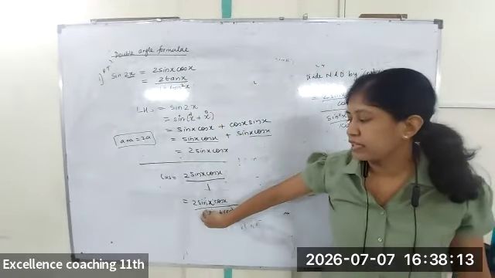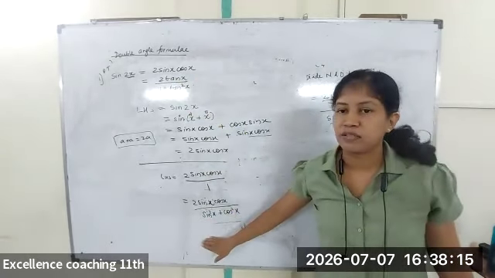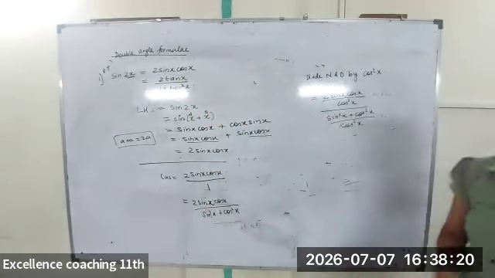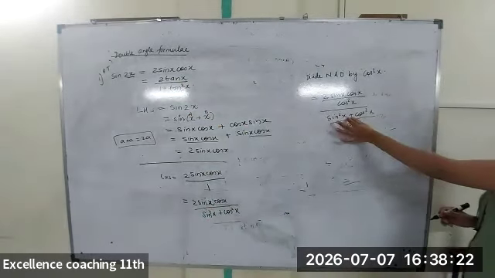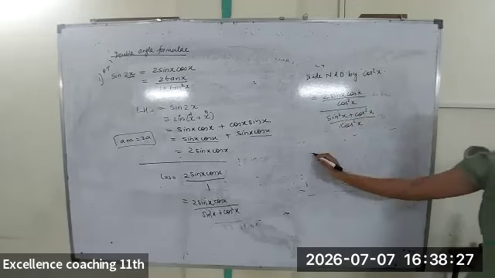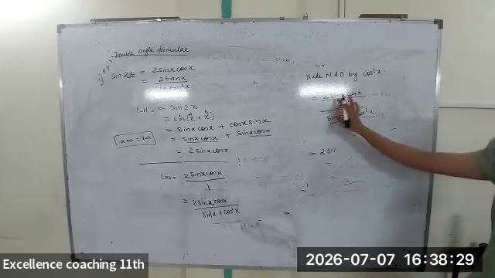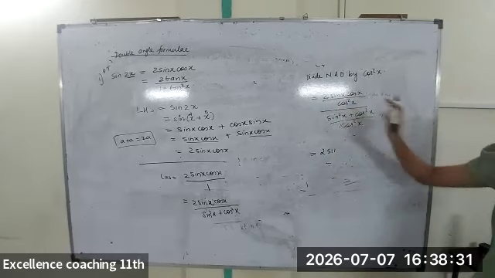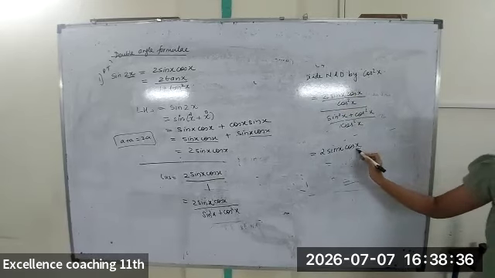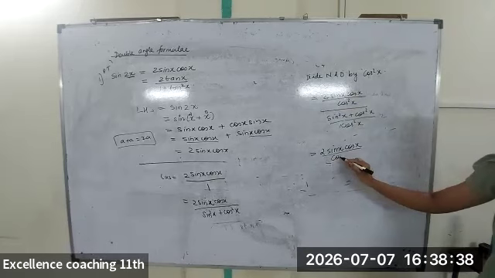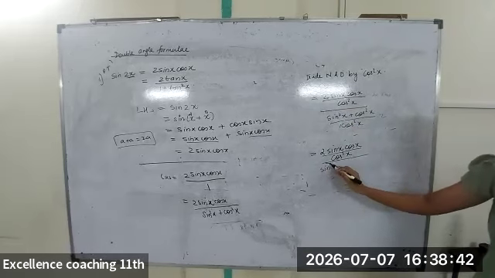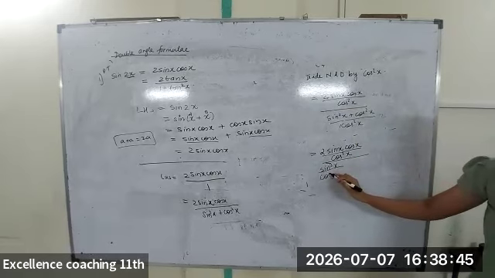Sine square is already there, so that is why I am dividing with cos square. Since this is a plus sign, you know that the denominator will get distributed to both the terms. Here we cannot distribute directly because there is no plus sign, so here it will remain as it is. Now separate this to both the terms and you'll get your answer.